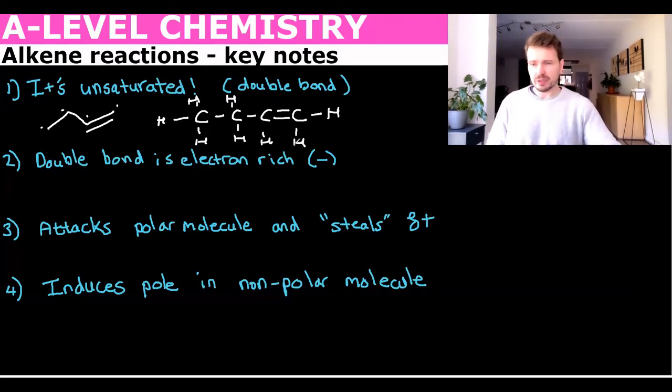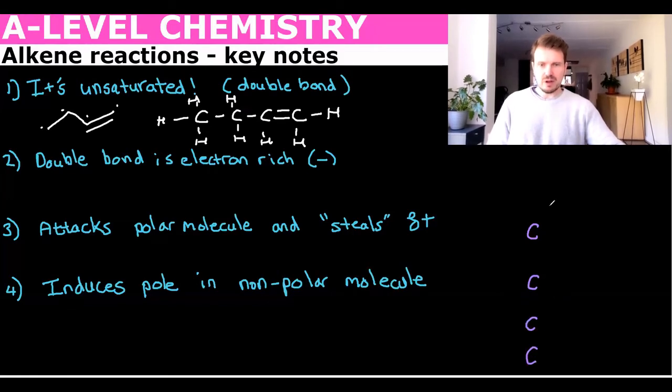Another important thing to note is that in these videos, I'll be referring to primary, secondary, tertiary, and quaternary carbons. What that means is how many carbons the carbon attaches to. So if we're looking at, I'll draw the carbon in question in purple.